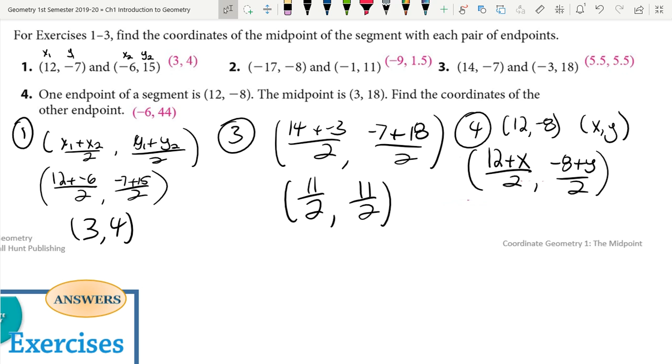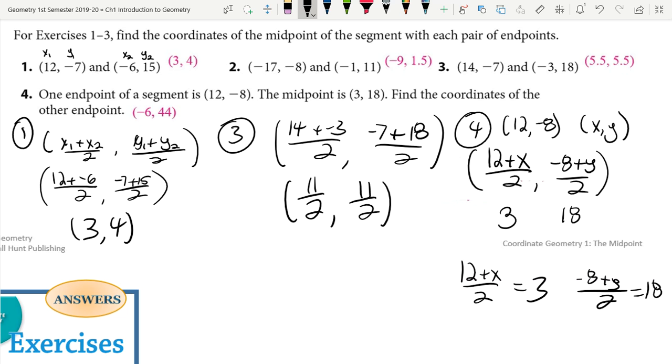So I know that this number here is going to be equal to 3, and this is 18. So really, now I have an algebra problem. So if I multiply by 2, I get 6.